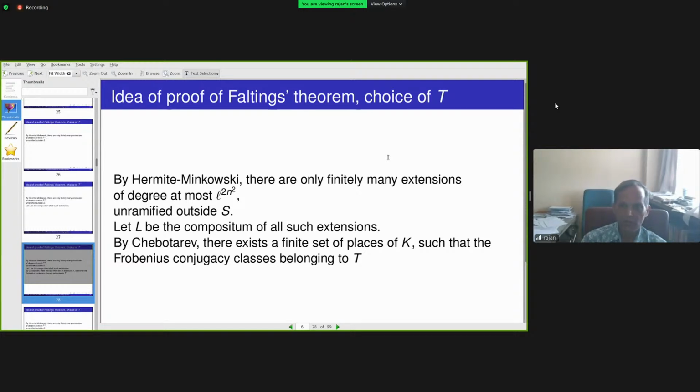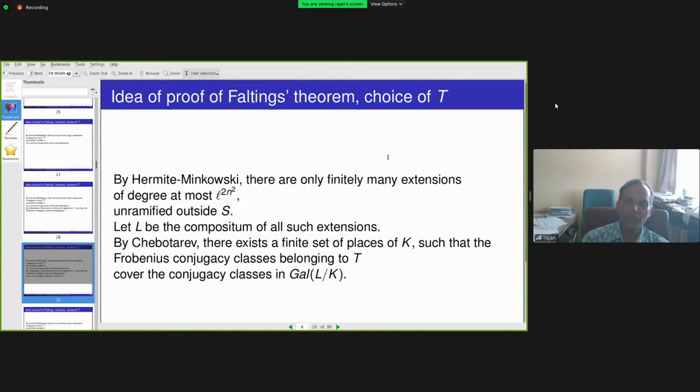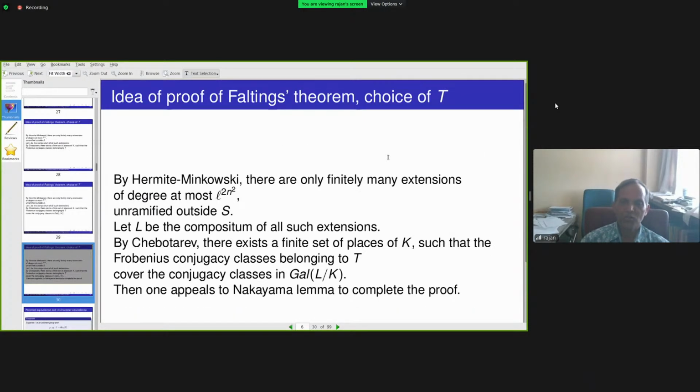By Chebotarev, there exists a finite set T of places of K, unramified in L and disjoint from S, such that the Frobenius conjugacy classes belonging to T cover the conjugacy classes in the Galois group of L over K. The extension L over K is finite, so there are finitely many conjugacy classes in G, and by Chebotarev I can pick some finite set T, disjoint from S, which covers the conjugacy classes. Then you apply Nakayama's lemma to complete the proof.